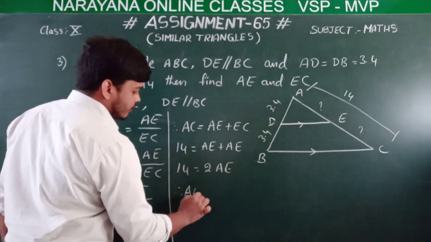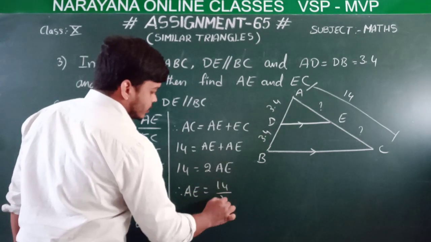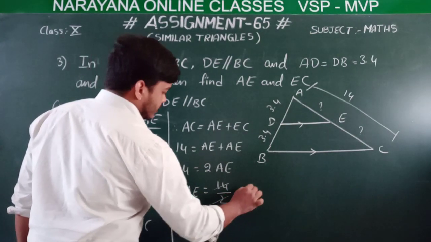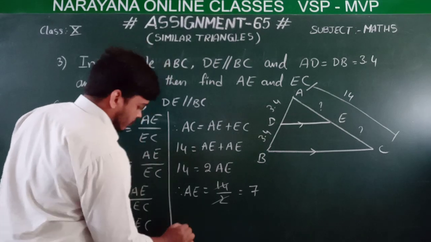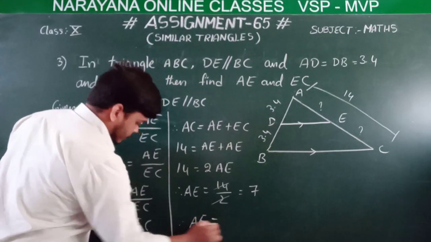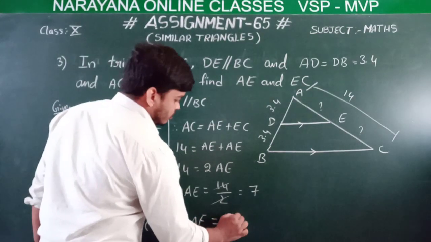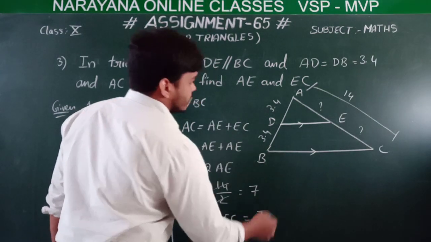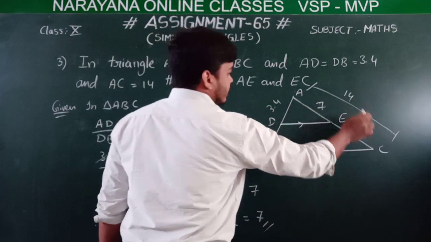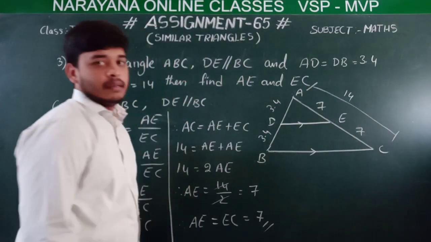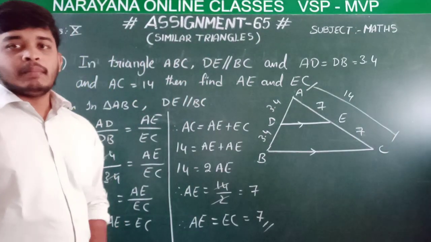Therefore AE is equals to 14 by 2, 2 sevens are 14, so AE is equals to EC is equals to 7. This is 7 and this is 7. Now coming to the next one.